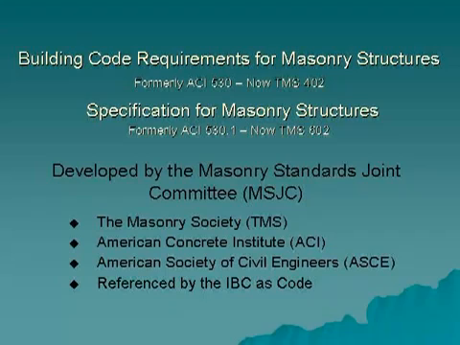It is required by these model codes that they are both used in conjunction with each other. It is important to remember that the Building Code requirements for masonry structures and the specification for masonry structures are now referenced by the International Building Code and as such are part of the code.